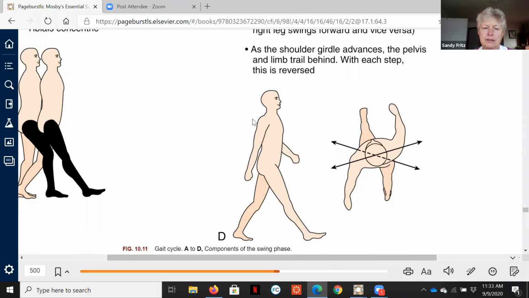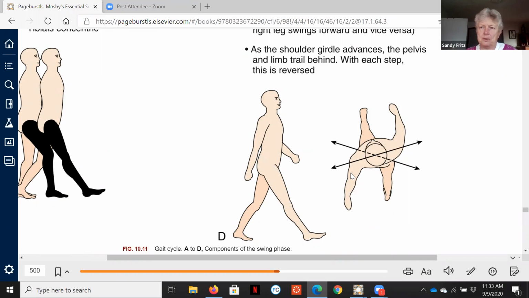In addition to that, the pelvic girdle, see, this is why you've got to know your bones and your joints. The pelvic girdle and our shoulder girdle, where our limbs attach to the torso, this is where we get a counter swing.